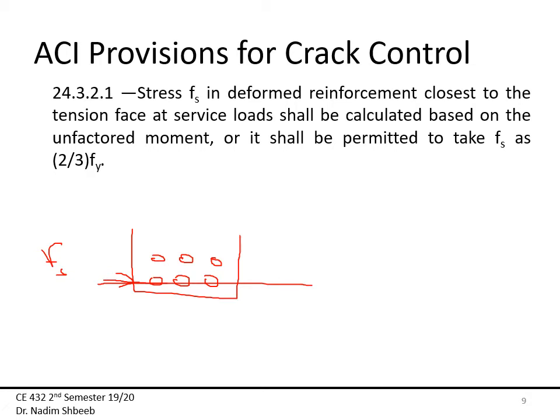Or if you do not want to calculate fs at all, it is permissible to just use 2/3 of fy. So let's say you have grade 60, or fy is 420, then 2/3 of that will be your fs, and you don't have to do anything more.